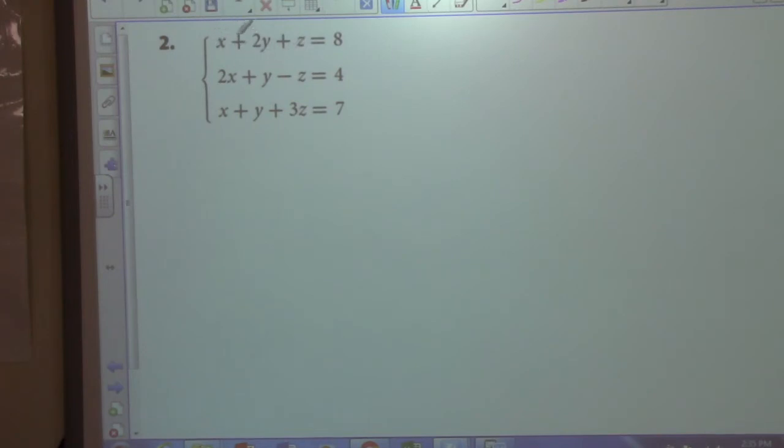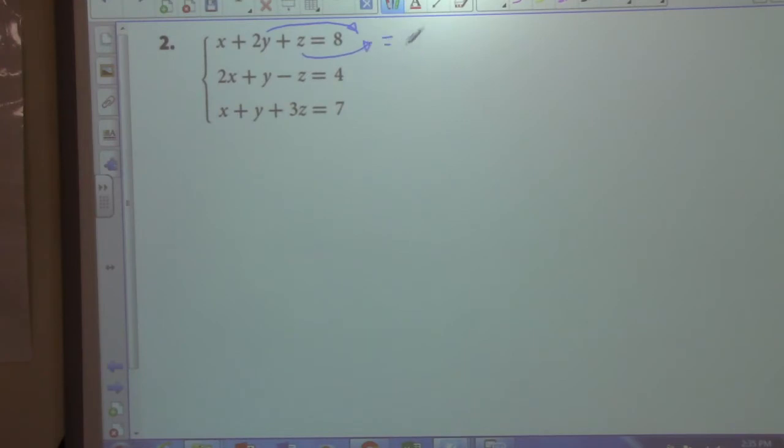And basically what I'm looking for in my first equation is just a single isolated variable like this. Now it's not totally isolated yet, but I can get this x isolated by moving this 2y over here like this, and also moving this z over here to the other side.